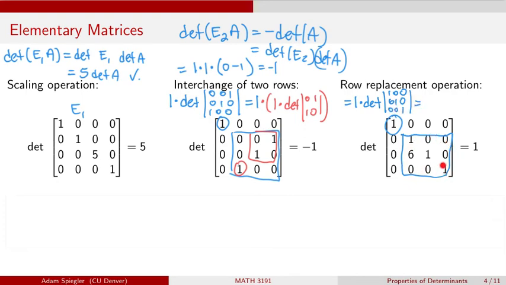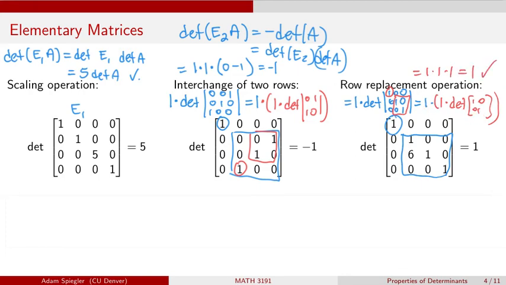Now to calculate the determinant of this 3x3 submatrix, we'll pick this entry over here. There's only one non-zero entry in the top row, so we only need to worry about one submatrix. So it's going to be 1 times the determinant of this submatrix, and this submatrix is now the identity. So this gives me 1 times 1, and the determinant of this matrix is 1.